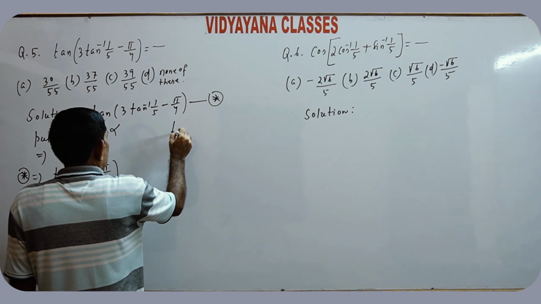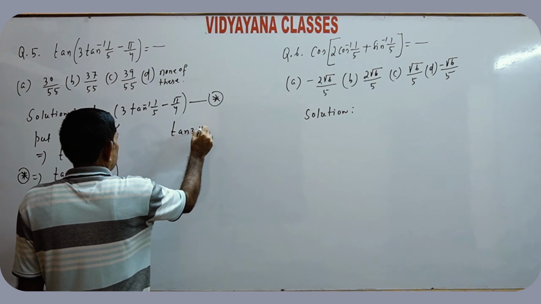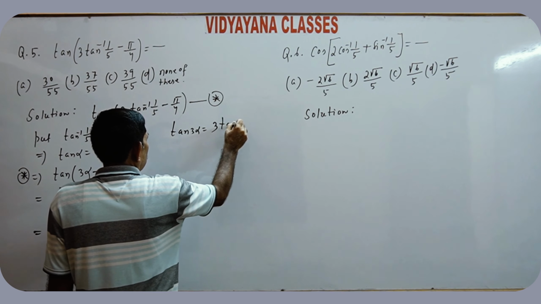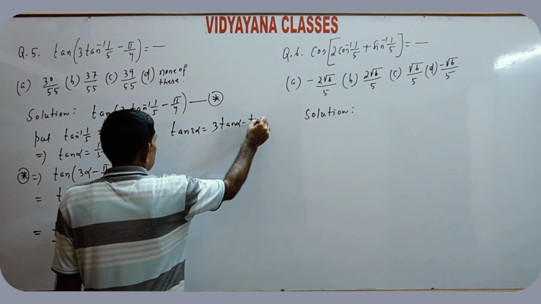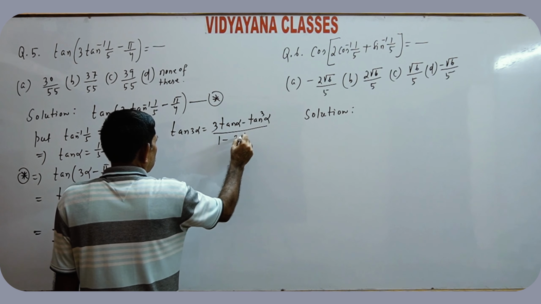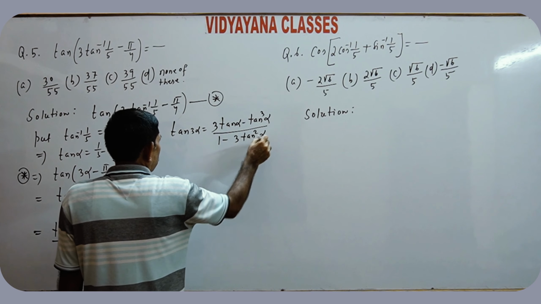Tan 3 alpha is equal to (3 tan alpha minus tan cube alpha) divided by (1 minus 3 tan square alpha).